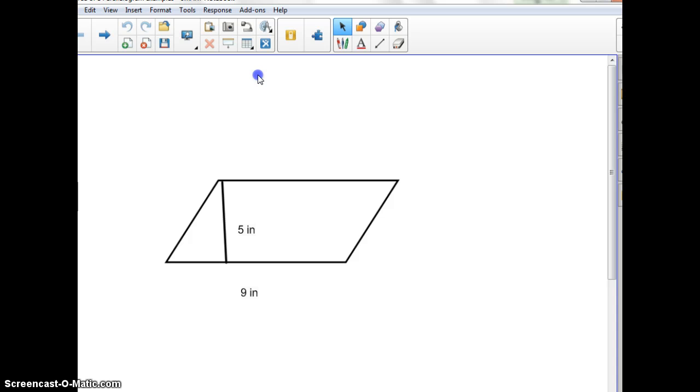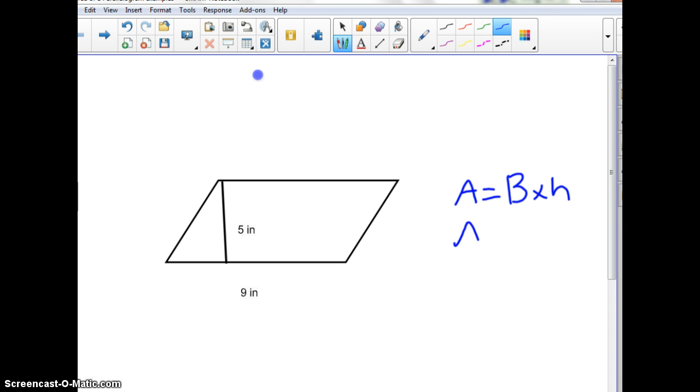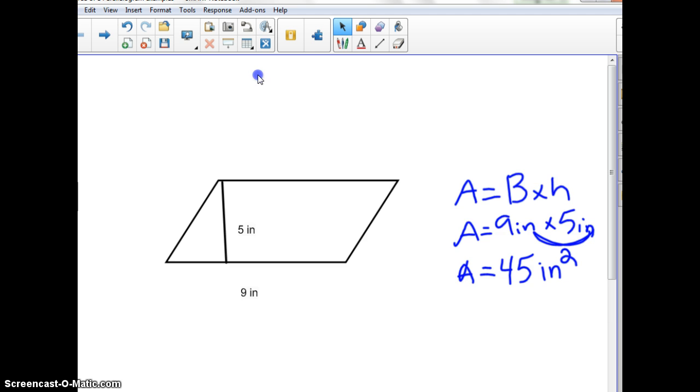Alan, what would be the area of this parallelogram? 45. Remember, the formula is base times height. So that means we have 9 inches times 5 inches. And Alan says it's 45, help me finish this out, inches squared. Because remember, we're multiplying inches times inches here. Good work.